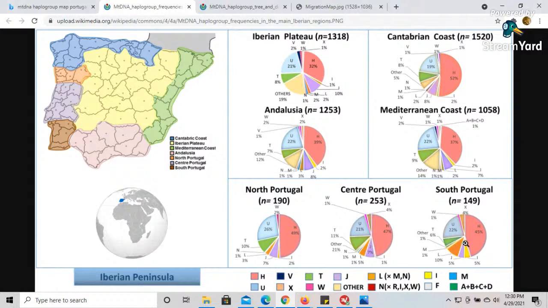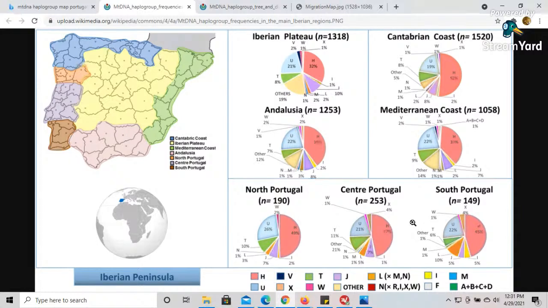But that little sliver of M here, and here, there, in North Portugal, there's not even a sliver of M. But that's your Asian DNA there, the M, that little sliver. Everything else, the L, this is the African. So these orange slices here, that's the African mitochondrial DNA. The rest is entirely Semitic.